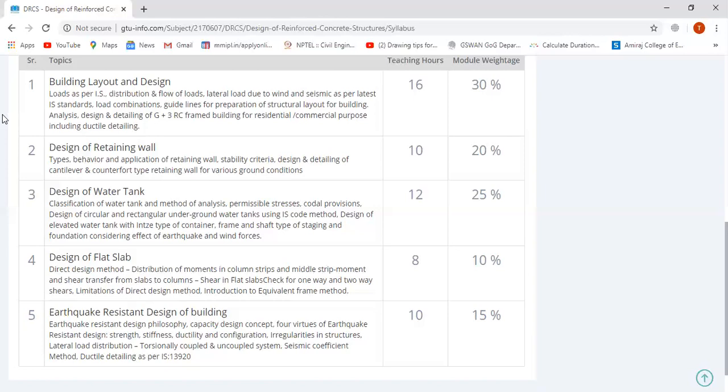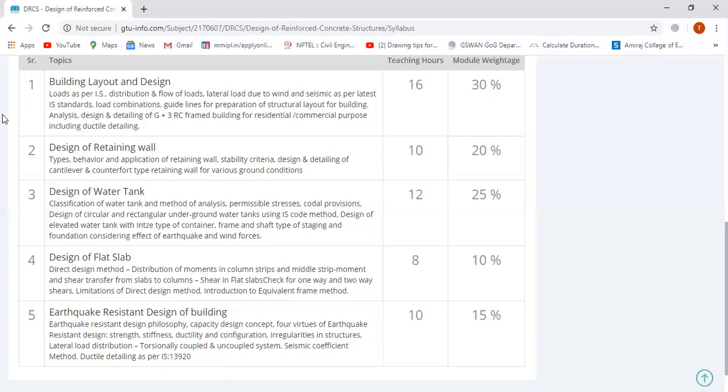In India, we choose the Indian Standard method, as the government nominates it, to get proper work under a government body. The next step is design of elevated water tank with Intze type or container type, frame and shaft type staging and foundation, considering effect of earthquake and wind load.